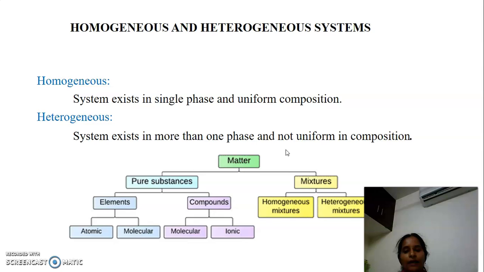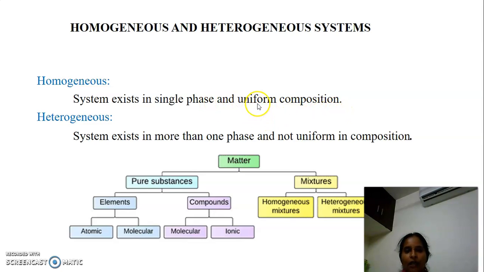Some more types of systems are the homogeneous and heterogeneous systems, which you have studied already in your schooling. Homogeneous means a system existing in a single phase with uniform composition.